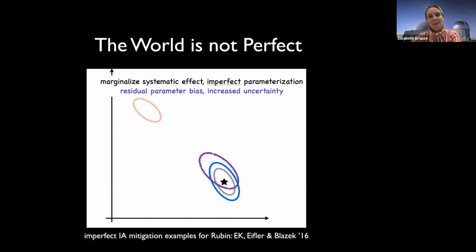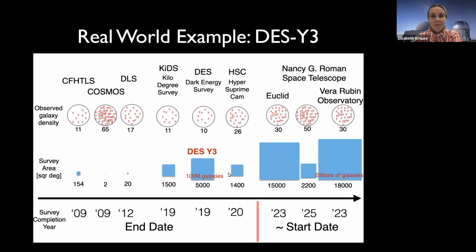Of course, the world and all our models will not be perfect. So in the end, we will probably end up with some small residual parameter bias and increased uncertainty. And then the art is to find a constructive way to speedy publication in these situations.